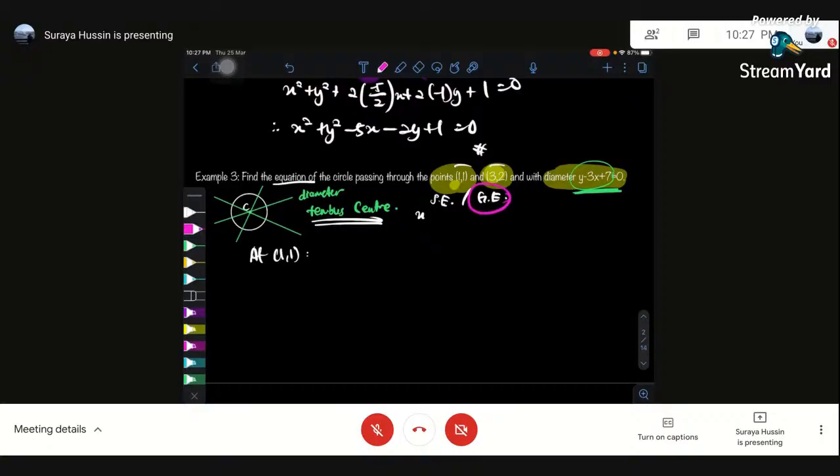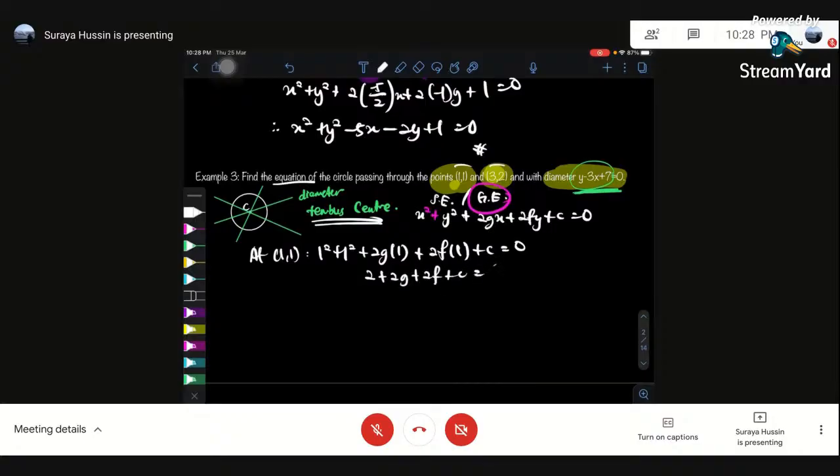Okay, so x squared plus y squared plus 2gx plus 2fy plus c equals 0. You must substitute 1 and 1 into x and y. So 1 squared plus 1 squared plus 2g times 1 plus 2f times 1 plus c equals 0. So you will get 2 plus 2g plus 2f plus c.